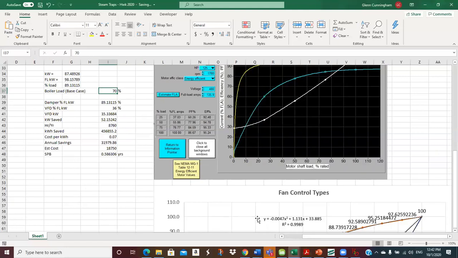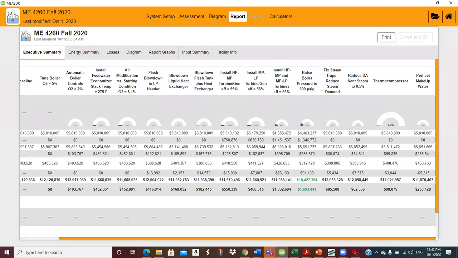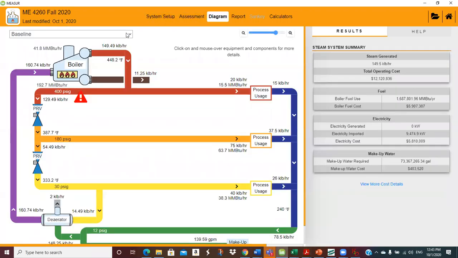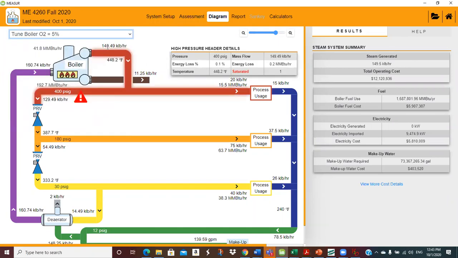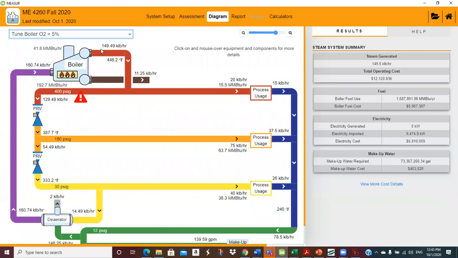Okay, so if you go back to Measure, let's look at diagram, not this one. Let's make sure I get the right one. Okay, so 149, there's my steam load, 149,490.